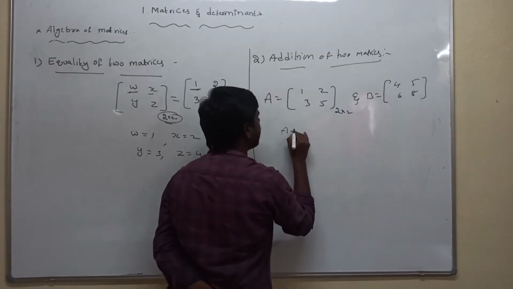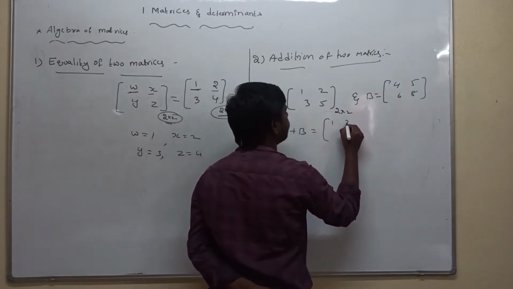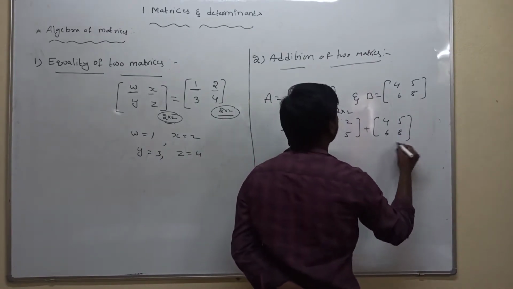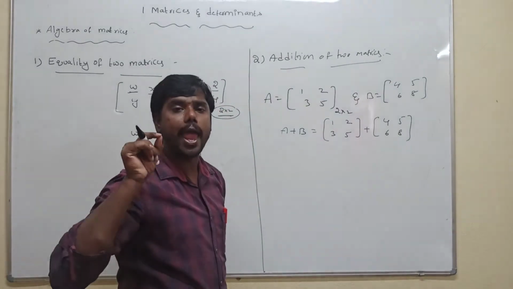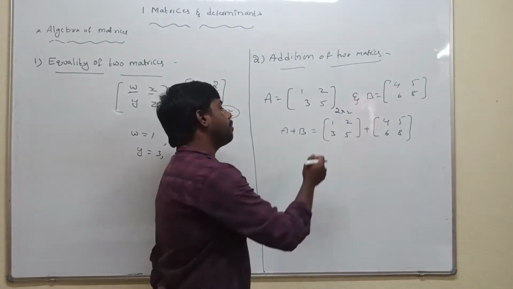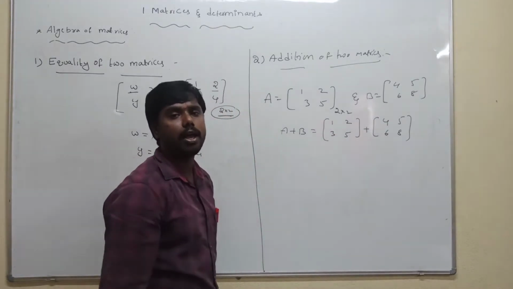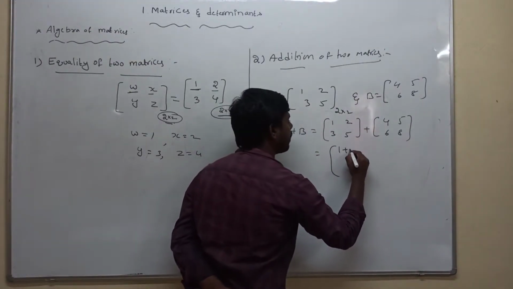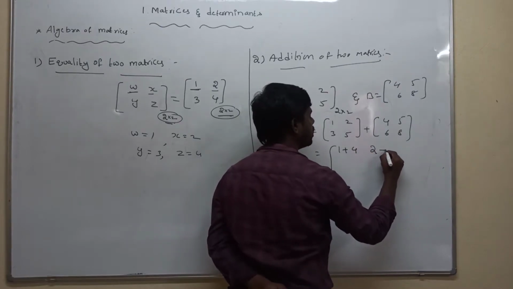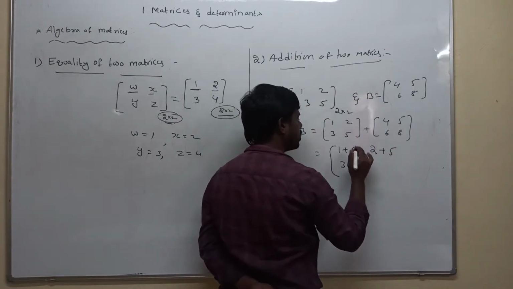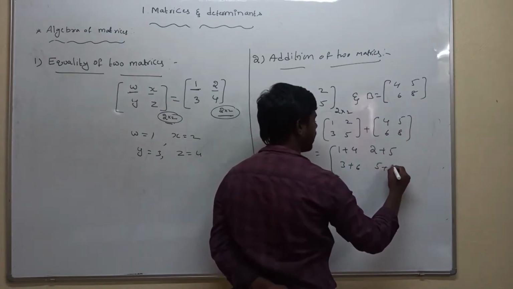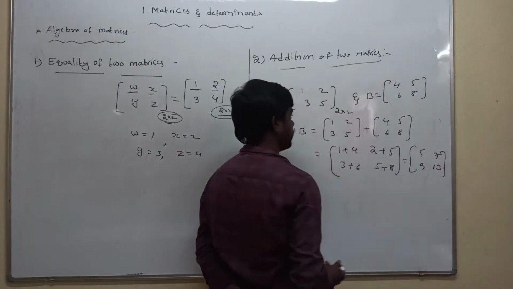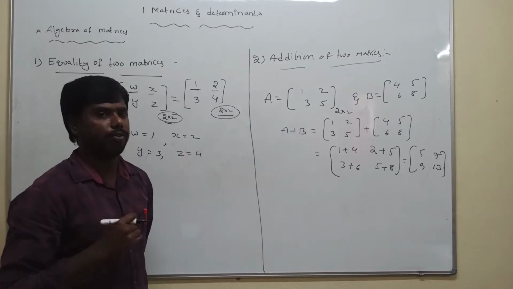Then the sum A plus B is found by substituting matrix A and matrix B. By adding the corresponding elements: first position plus first position, 1 plus 4, 2 plus 5, second row first position plus first position, second row second position plus second, 3 plus 6, 5 plus 8, giving 5, 7, 9, 13.